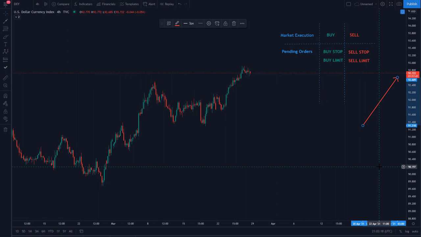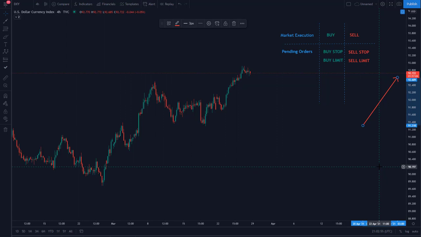If I click on market execution buy, it simply means I am buying the dollar index at the rate of 92.722. Similarly, if I click on a market execution sell, it means I am selling the dollar index at 92.722.